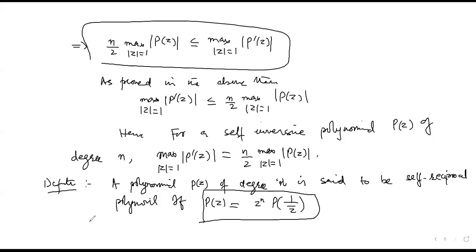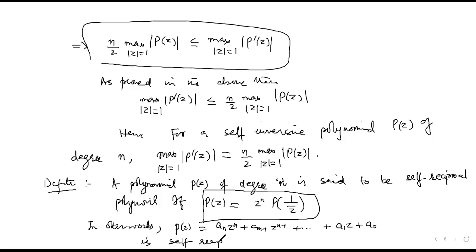So in other words, we can say, which you can easily verify, p of z equal to a n z raised power n plus a sub n minus 1 z raised power n minus 1 plus so on and so forth plus a1 z plus a naught is self-reciprocal if, of course, aj is equal to a n minus j for all j running from 0, 1, 2 up to n.